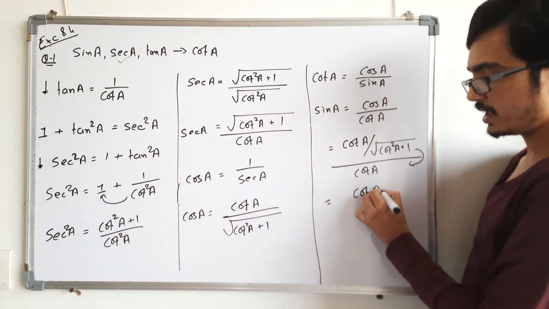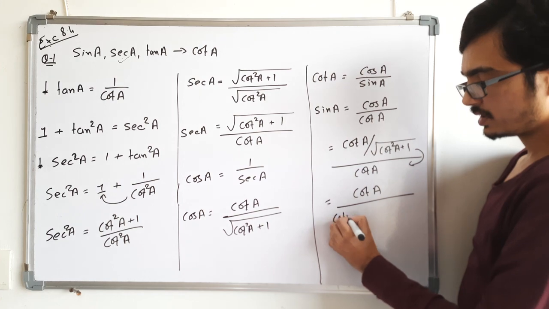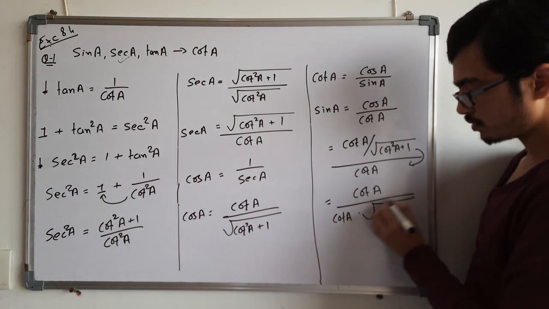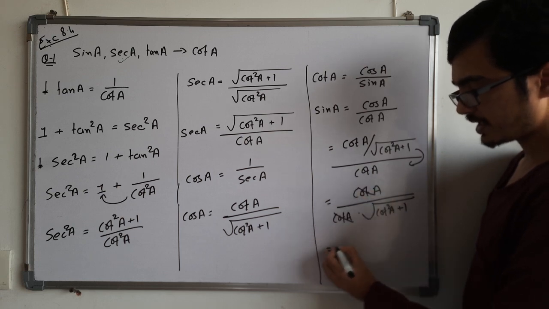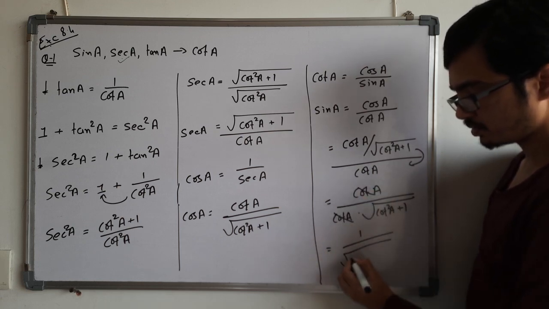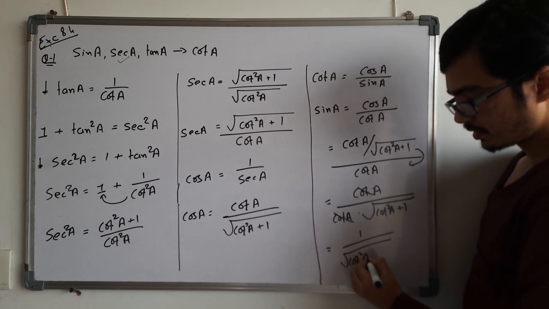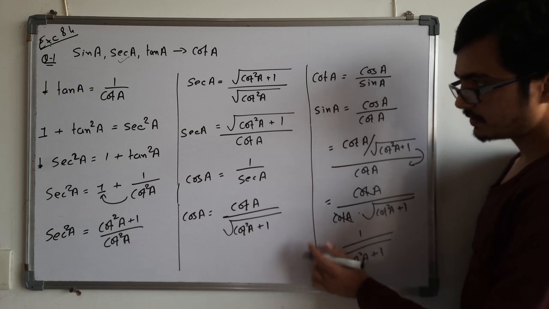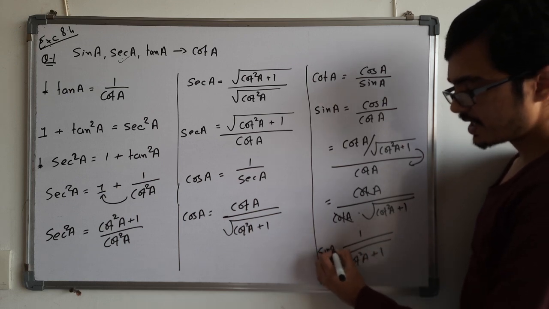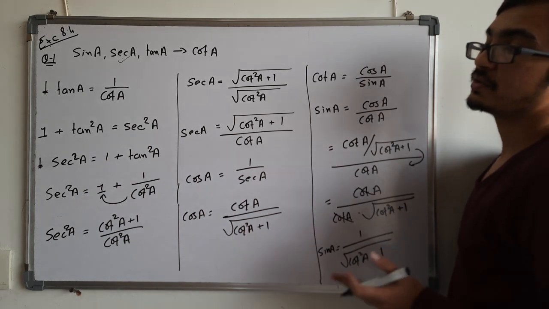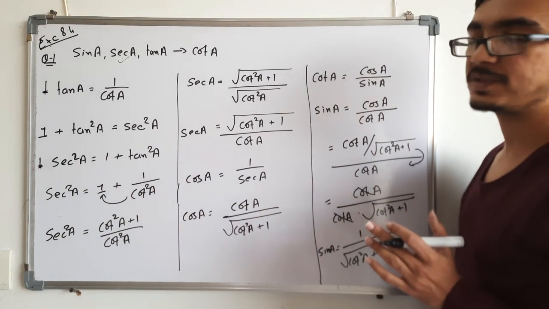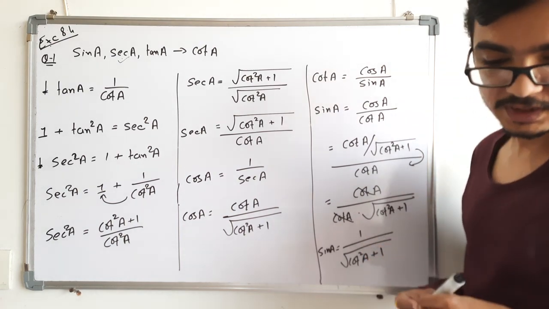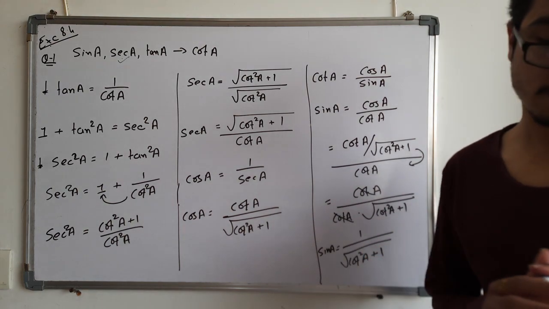So cot A upon cot A into root cot square A plus 1. So cot A will get cancelled. So this is 1 upon root cot square A plus 1. So we have represented sine in the form of cot. So using identities and different relations we can do this. Okay, write it down. Then after that proceed with question 2.